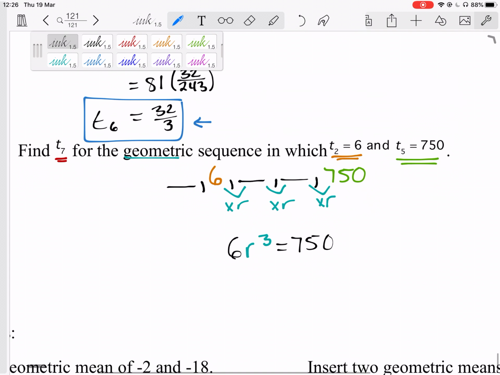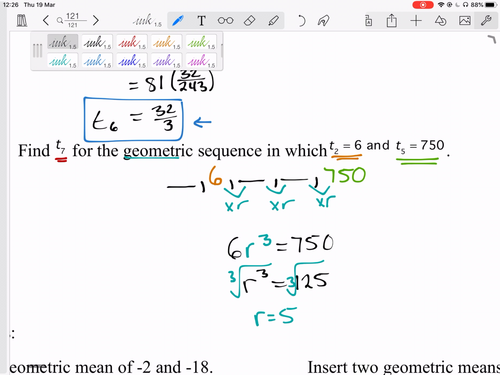So when I do this division, r cubed, 750 divided by 6 ends up giving me 125. And nicely enough, when I take the cubed root of 125, my ratio is 5. So what we could do here is just multiply.